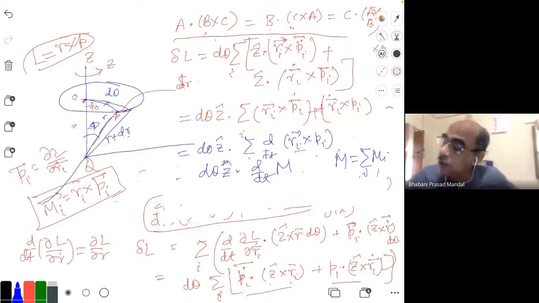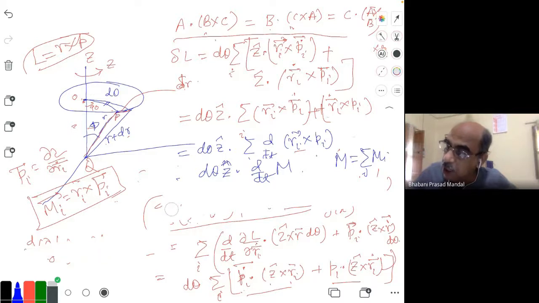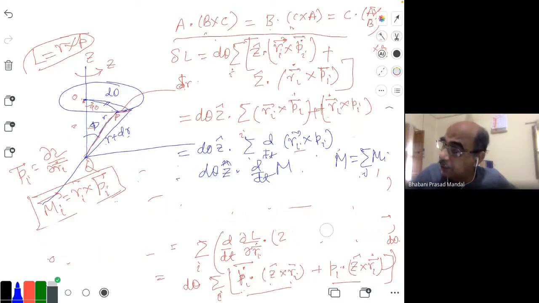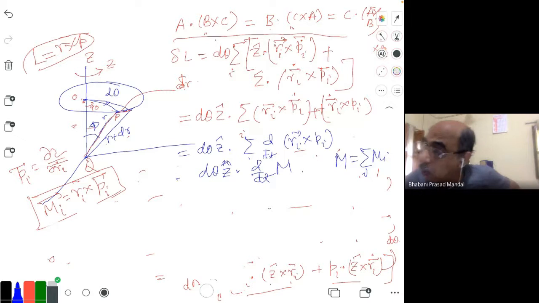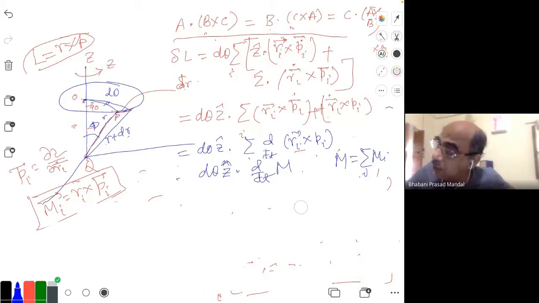Okay, so now let me finalize this. We started with the rotational symmetry about a z axis, and we find that if the Lagrangian remains invariant, then delta L should be equal to 0.